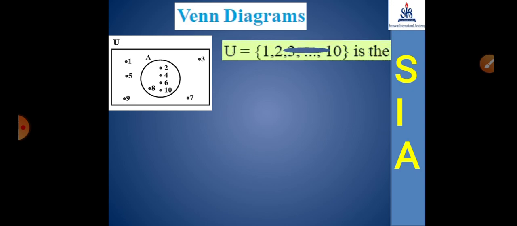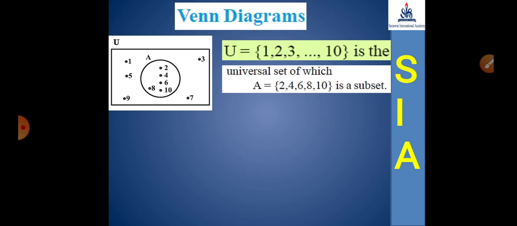That's why I wrote U as the universal set, meaning every element belonging in this box is called the universal set. And the particular set A has the elements 2, 4, 6, 8, 10.